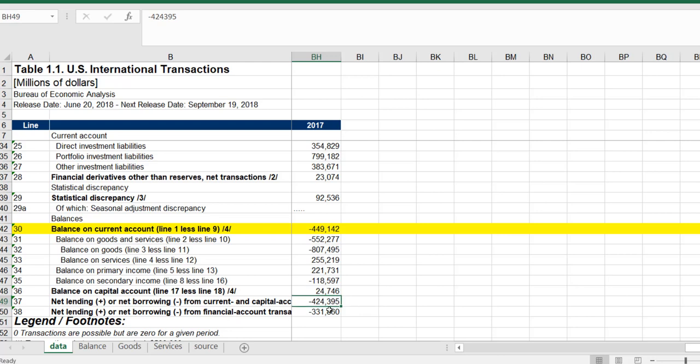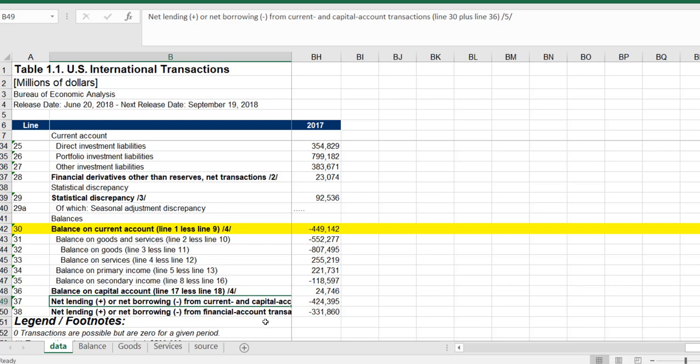The net lending, or net borrowing, if it was lending if it was positive, or borrowing if it is negative, the balance from the current account and capital account, it's about $424 billion, and from the financial account is about $331 billion. Let's look at the evolution of this data throughout time.